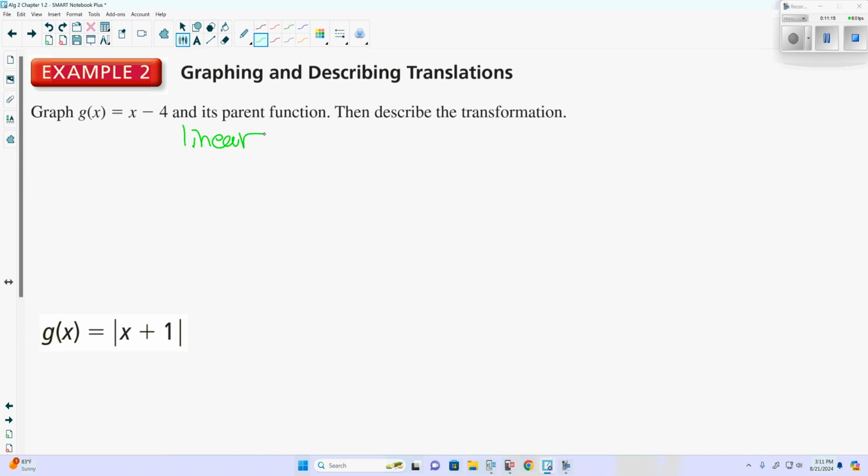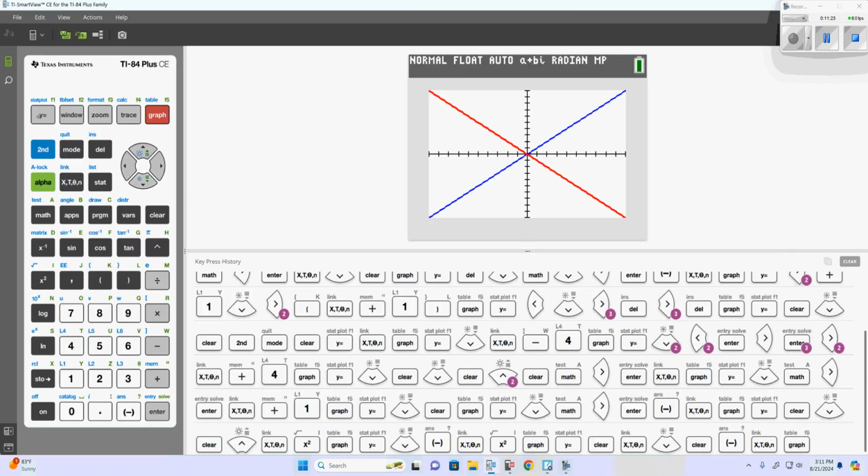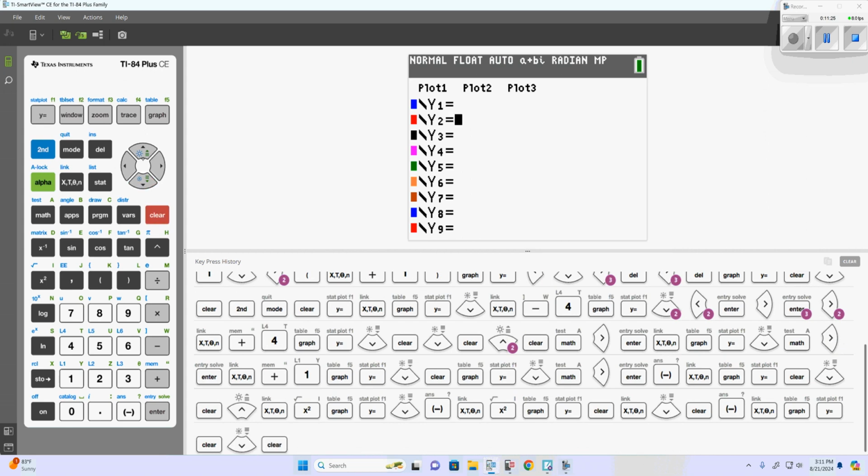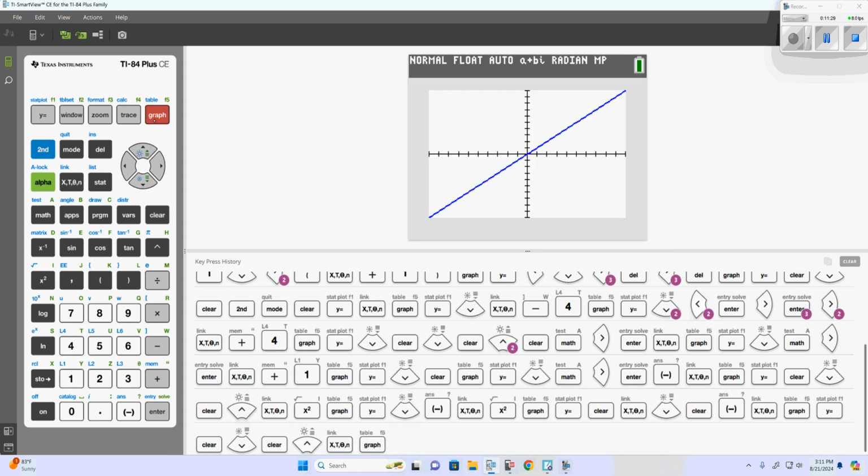So having a full understanding of how to do it and how to read a graph, yes. But knowing exactly how to do it is not as important as it used to be. Here, and I will show you all how to use these, are the 84s, the graphing calculators. They're going to be over there when I pull them out again. This here is our linear function, our parent function.